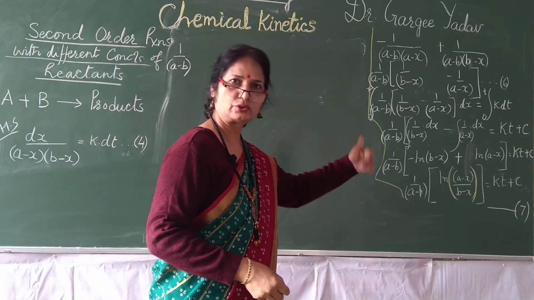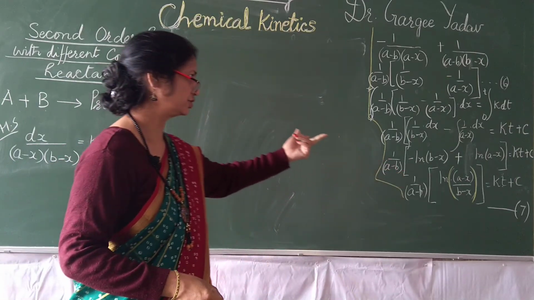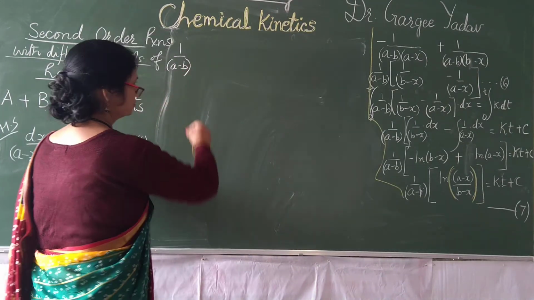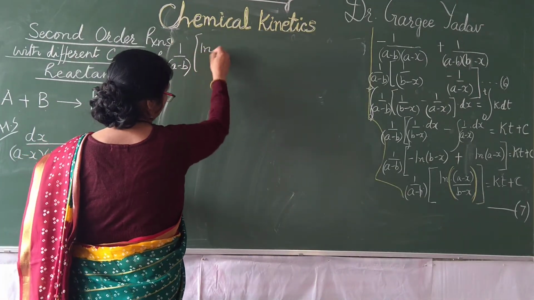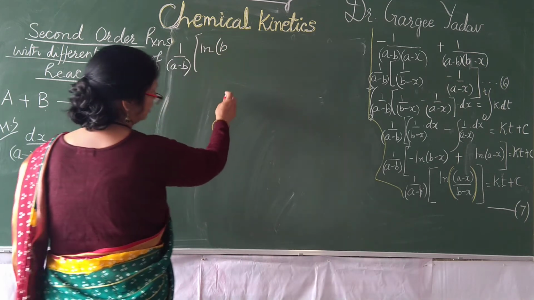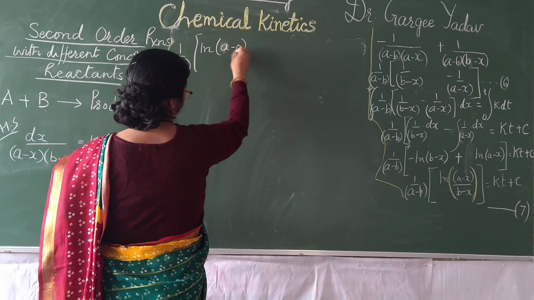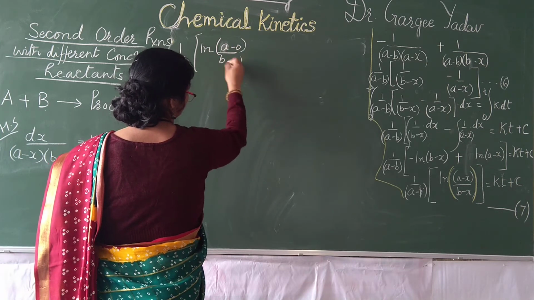When t is equal to 0, then x is equal to 0. These are boundary conditions. We will apply them over here and find the value of the constant of integration c. So what we have is ln (a minus x) upon (b minus x), which is (a minus 0) divided by (b minus 0).